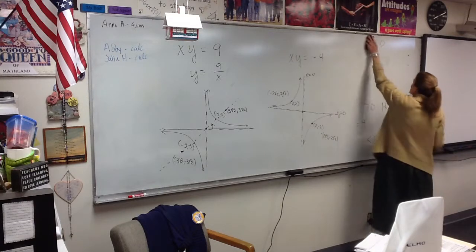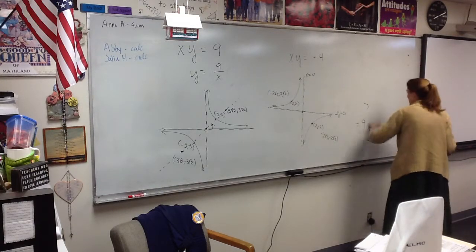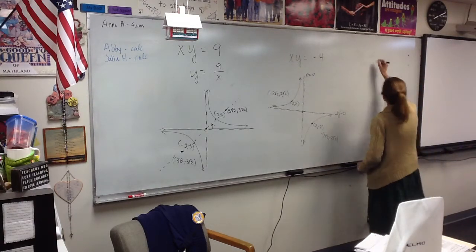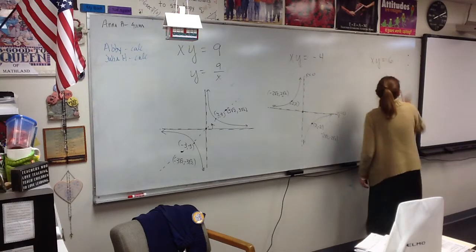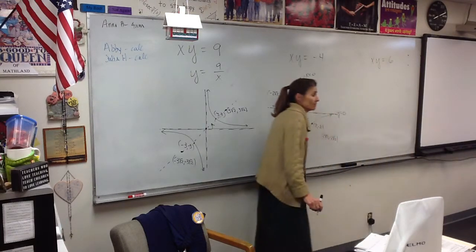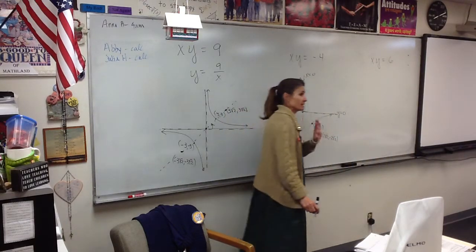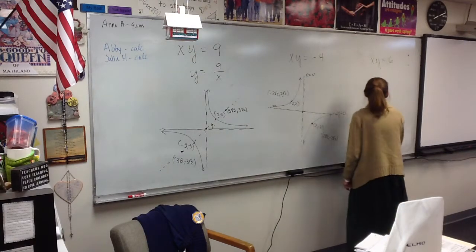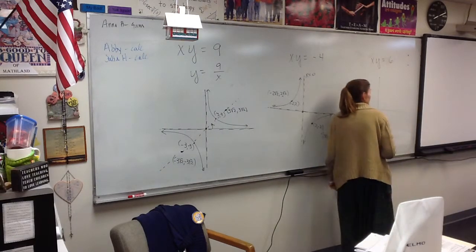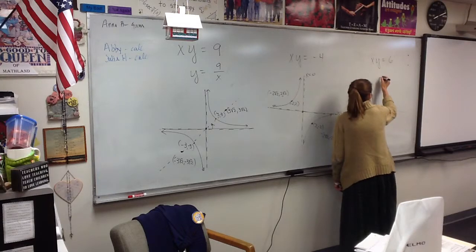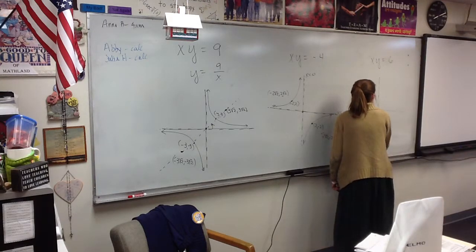And one more. The question always comes up, oh my gosh, Mrs. Ford, what do we do? We have something like this. Nothing different. Everything's the same. Where are your asymptotes? x equals 0, y equals 0.